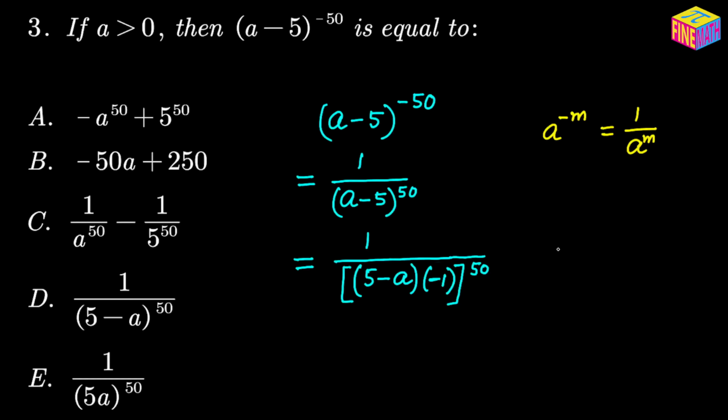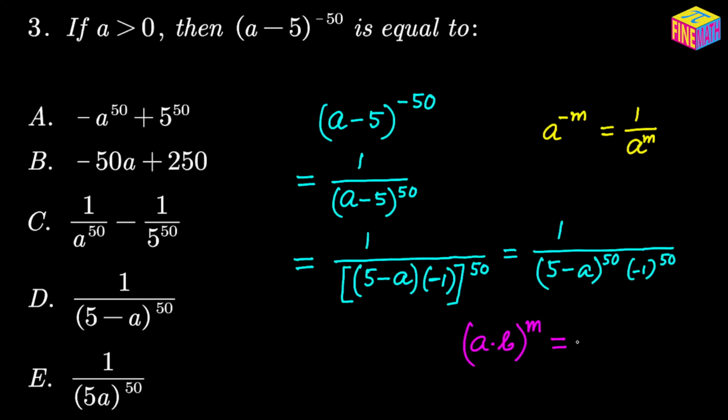So then from here, what can we say? Well, this must be equal to 1 over (5 - a) with exponent 50, and then also negative 1 with an exponent 50. Now why is it like that? Well, you know the property of exponents which says that if we have (a times b) to the power m, then we can write it as a to the power m times b to the power m, and that's exactly what I did.